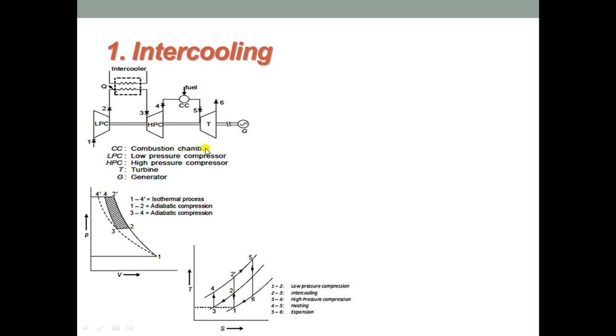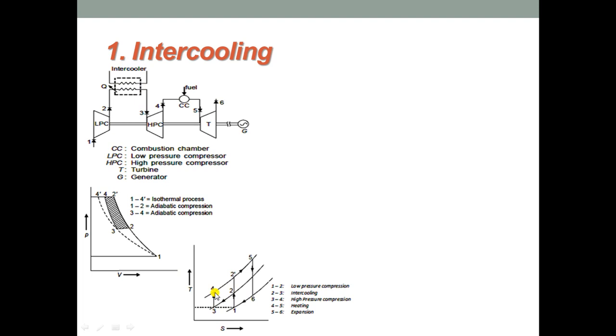It is clear from TS diagram that if the compression were taken place in a single stage, the condition of air would be from point 1 to point 2 dash. However, with an intercooler between a 2-stage compressor, the compression of air is from condition 1 to 2 and condition 3 to 4.